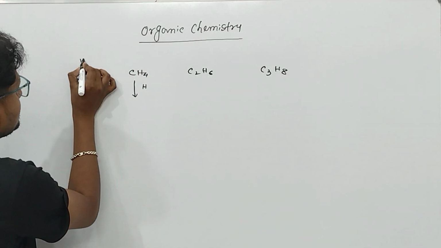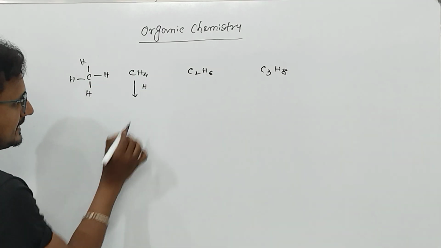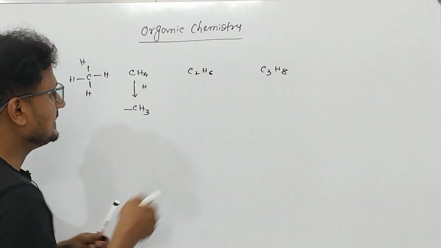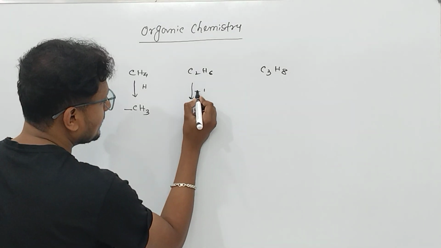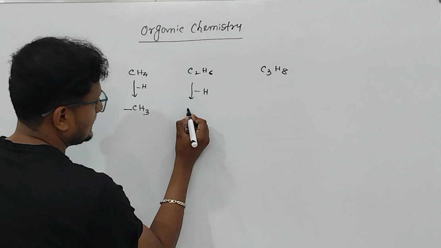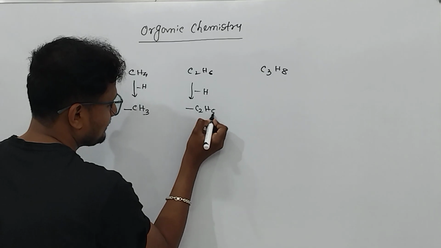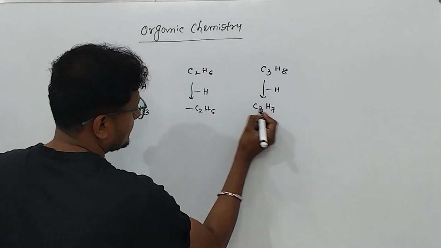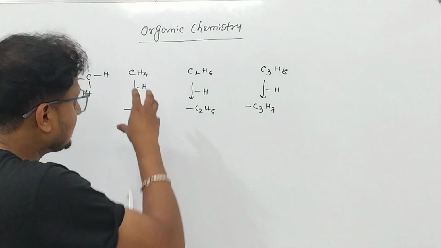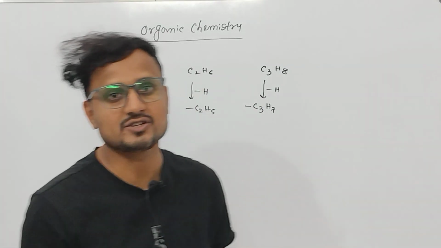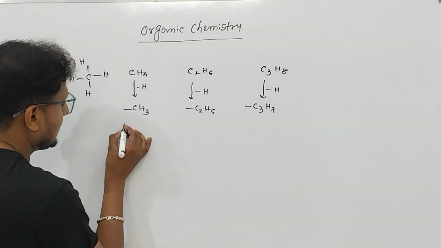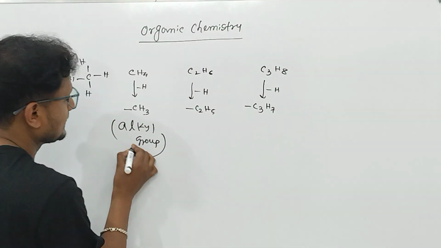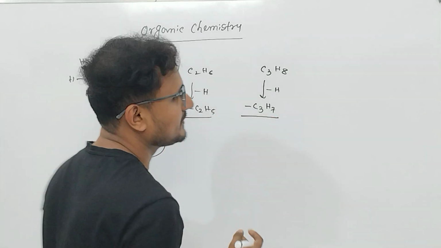If one of the hydrogens is not there in methane, then it will look like this. Similarly, if one of the hydrogens is not there, it will be C2H5. Similarly, it will be C3H7. When an alkane removes one hydrogen from its structure, it is called an alkyl group. So these are all examples of alkyl groups.